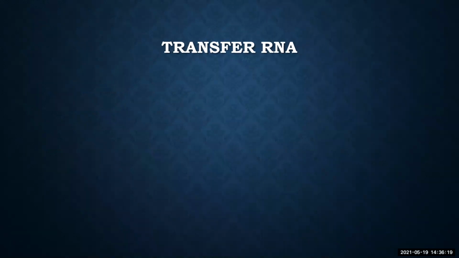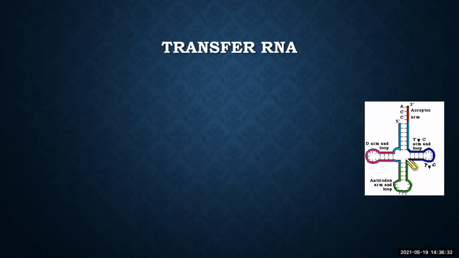We have to understand the structure of the tRNA molecule, the different parts of the tRNA molecule, and the roles of each part. Okay, so generally a transfer RNA looks something like this. This shape is said to be similar to a clover leaf structure. So this structure of tRNA is called the clover leaf model.